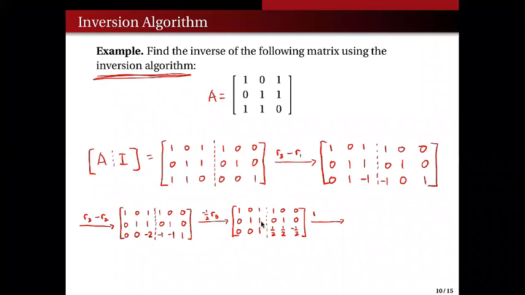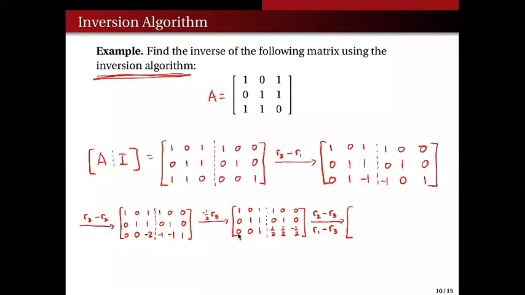What we can do is to subtract row 2 minus row 3. At the same time, look at this. This is 1 and we want this to be 0. So to make this 0, we also have row 1 minus row 3.